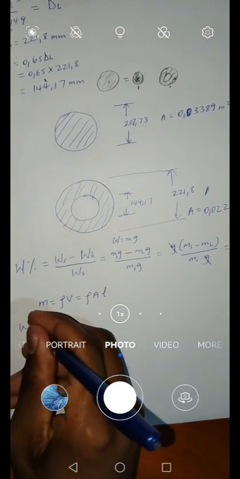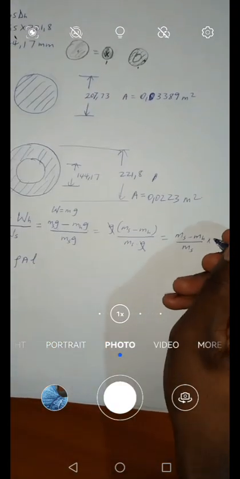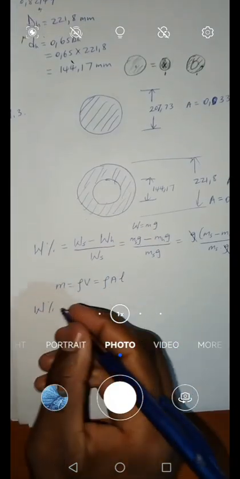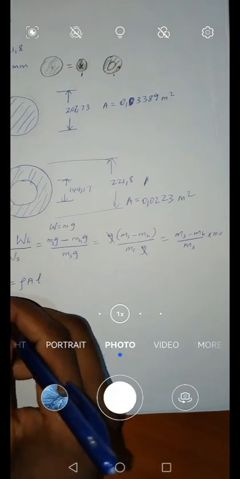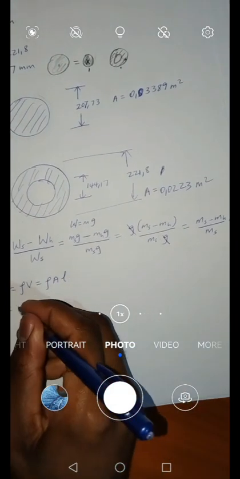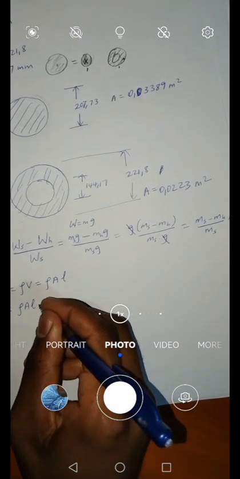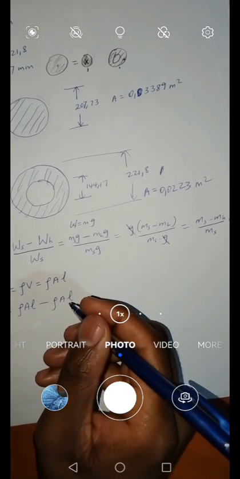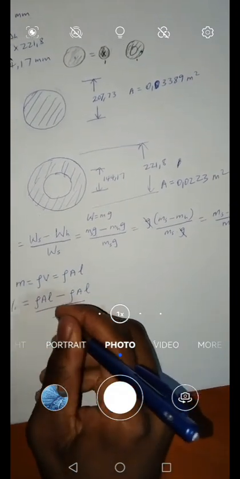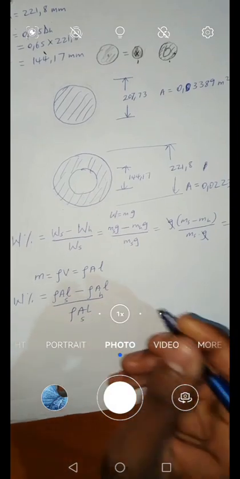Then you will have mass of the solid shaft, density times area of the solid shaft, minus, but remember, this one is for the solid shaft, this one is for the hollow shaft, this is for the solid shaft.